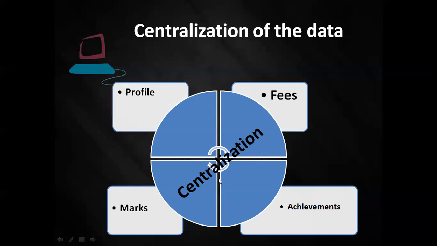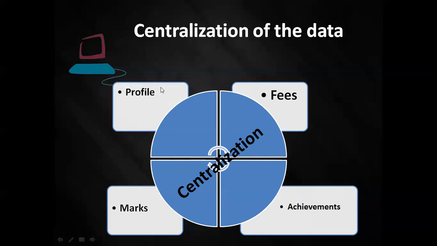But with the help of DBMS, it is centralized. If we make changes in the profile, it automatically takes effect on fees, achievements, and marks. Everywhere it will get changed. For example, if a student leaves the school, in the previous file processing system we needed to make these changes in all four files separately. But because of DBMS, it is centralized.